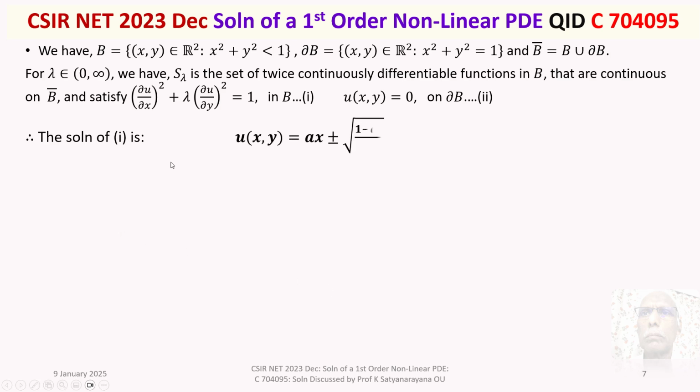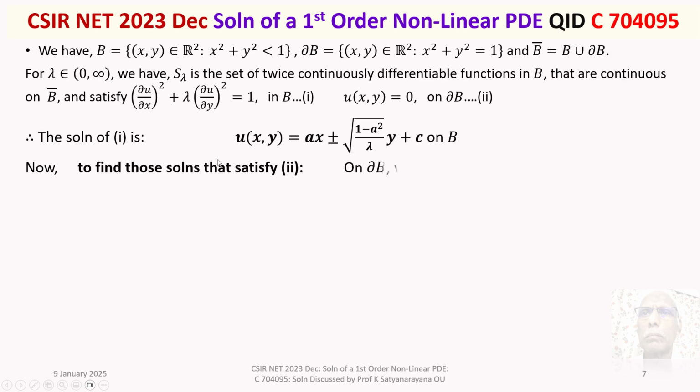The solution of equation 1 is this one. u of (x, y) is equal to ax plus or minus the square root of (1 minus a square) by lambda times y plus c on B. Now to find those solutions that satisfy 2, the second condition is here.